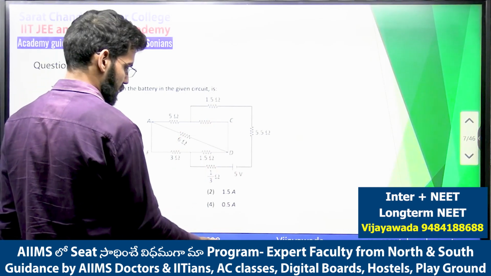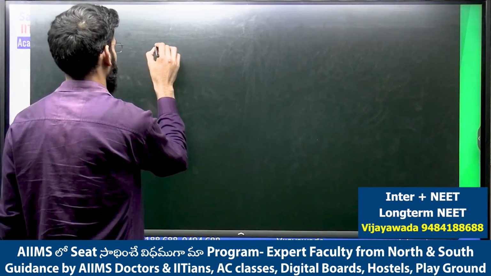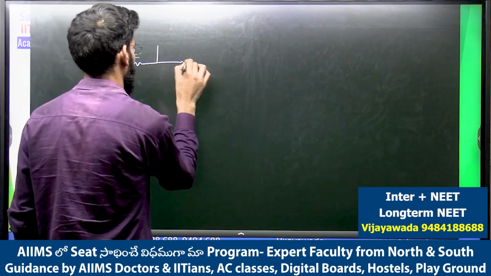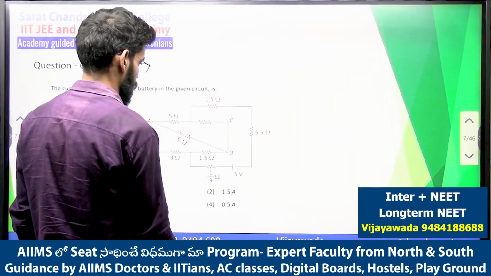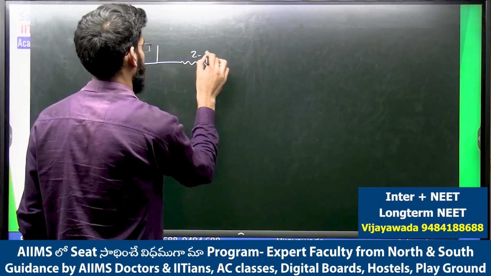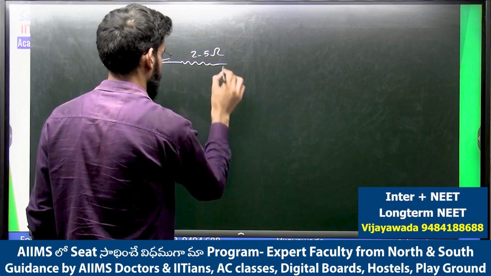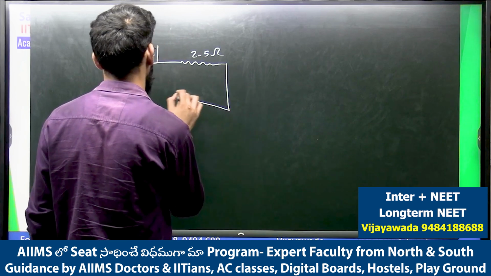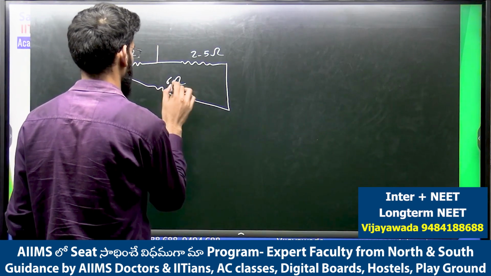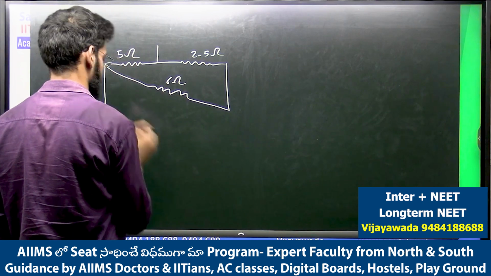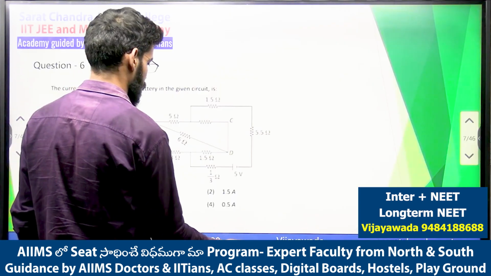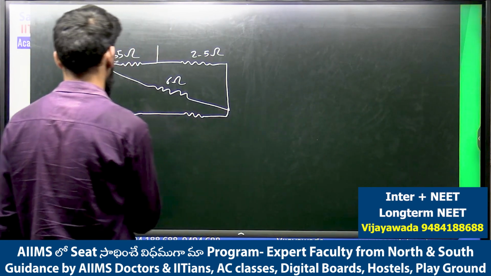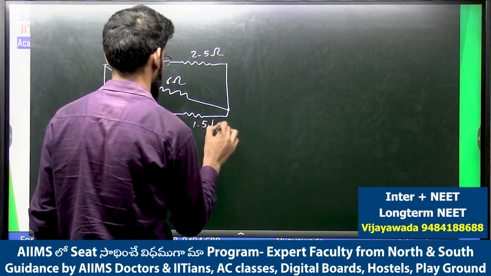Let me draw it correctly. What you have here is a Wheatstone bridge. So in that you have 5 ohm here, and this side you have 2.5 ohm, and then you have 6 ohm in the middle, and then you have here 3 ohm and 1.5 ohm.